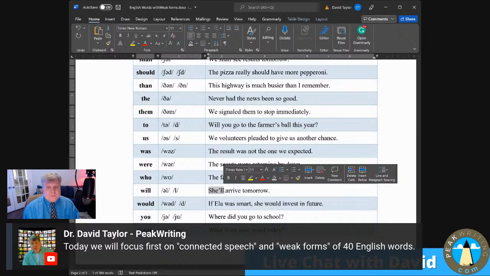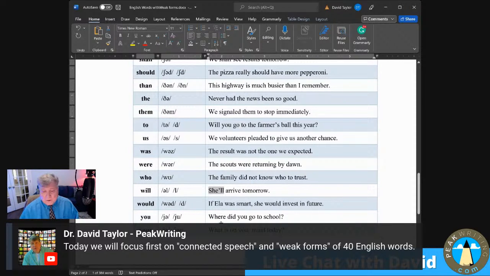So apostrophes are very good things because they alert you to the coming of the weak form. So instead of "she will arrive tomorrow," that apostrophe tells us it's a contraction of what? Of the vowel sound. She'll arrive tomorrow. She'll. It's almost like you're saying the word "shall." She'll.